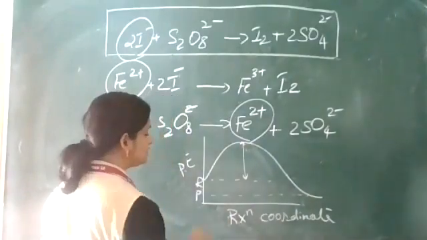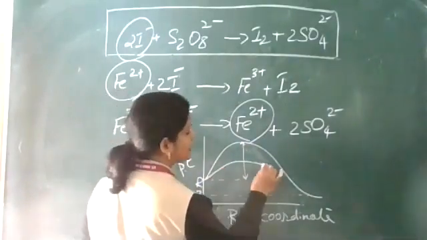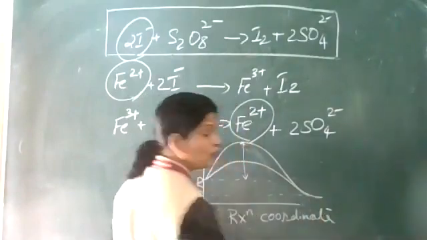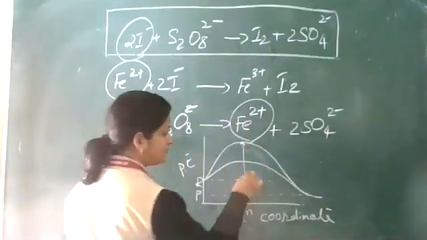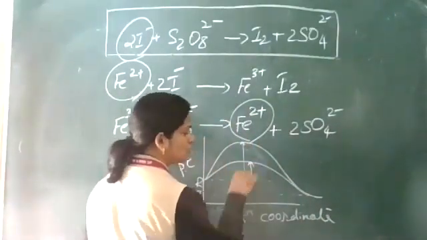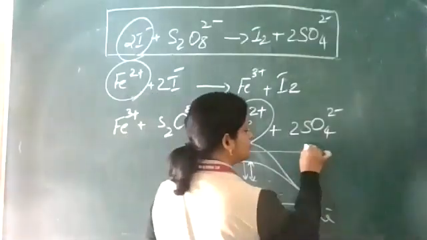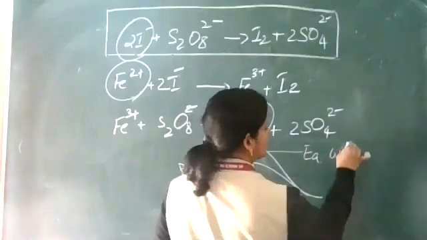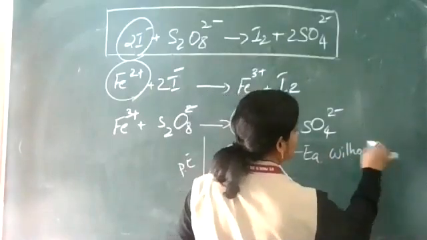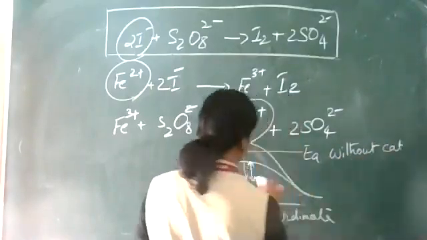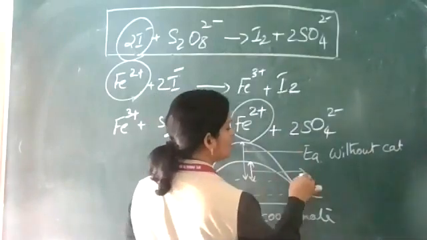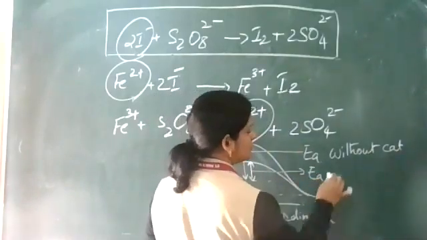When a catalyst is used, the catalyst will take the reaction through a lower path. That means the activation energy you have to supply is only this much. This is the activation energy without catalyst, and this is the activation energy with catalyst.